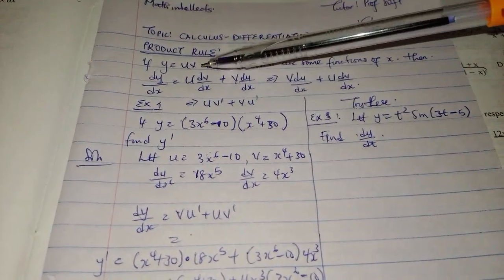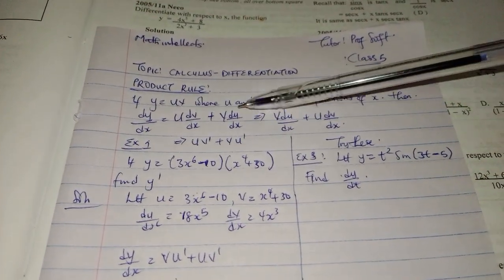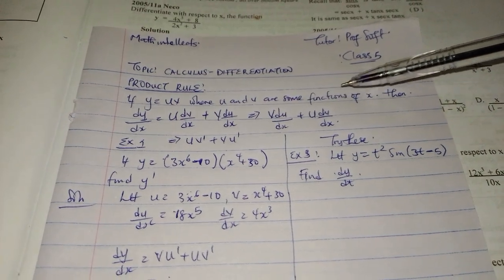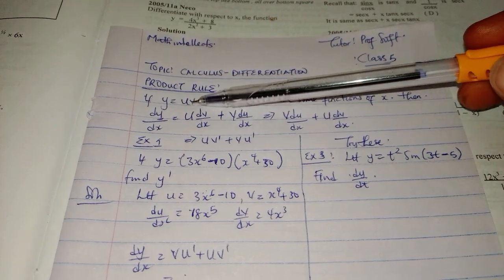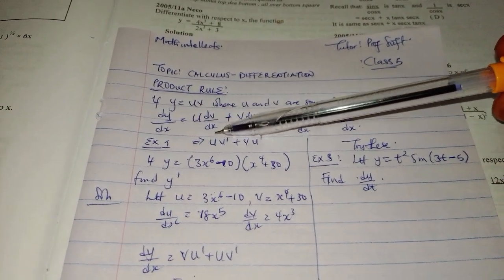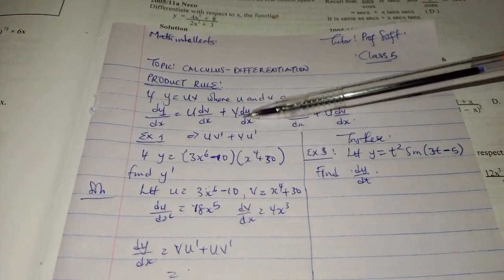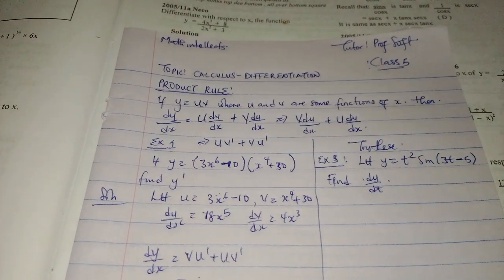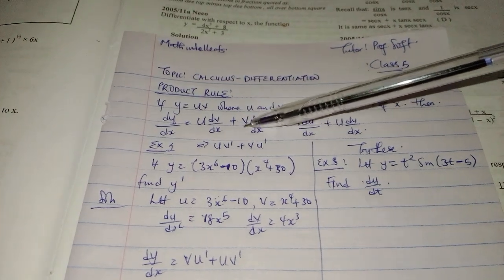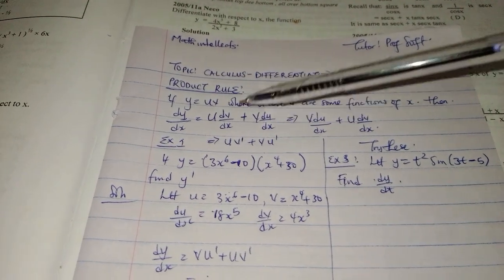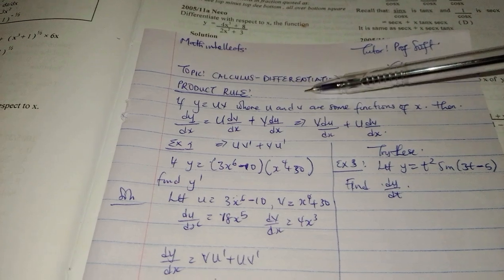Alright, so if you have y equals uv, where u and v are functions of x, then dy/dx, that means differentiation of this function, should give us u dv/dx plus v du/dx. I gave you this formula in a previous video, and you can also rewrite it. Since addition is commutative, I can interchange it: 2 plus 1 is the same thing as 1 plus 2.